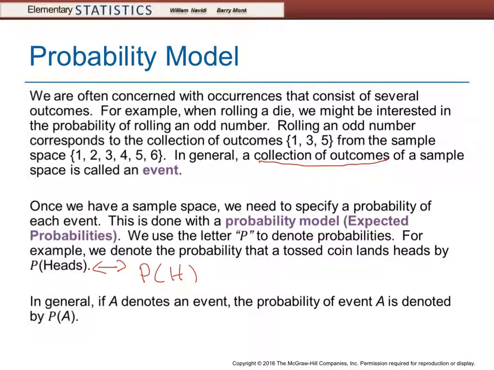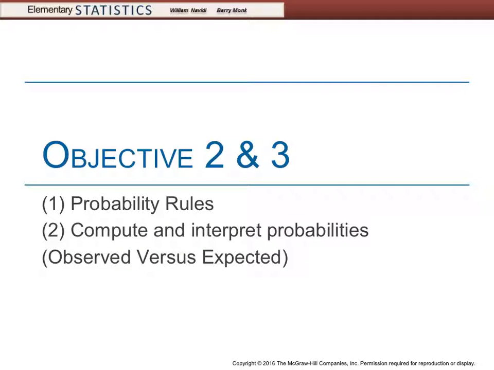In general, A denotes an event. The probability of event A is denoted by P of A. So we're going to learn probability rules, compute and interpret probabilities. We're going to look at observed versus expected.